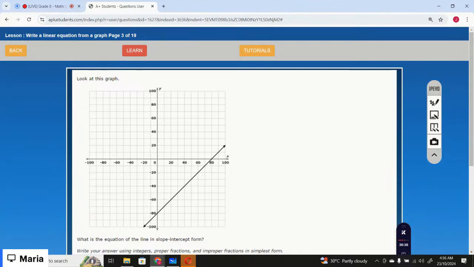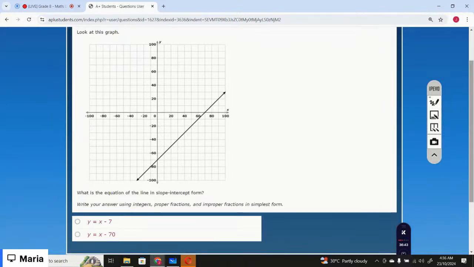Got it? Okay, the next one is look at the graph. What is the equation of the line in slope-intercept form? So which is the correct option?